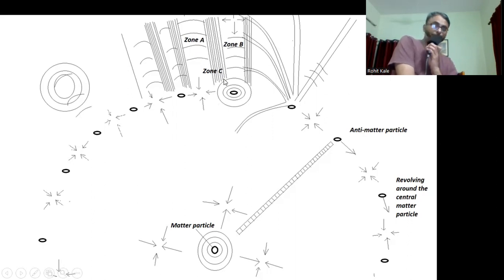So the electron, contrary to our understanding, is actually made up of not only positive energy but also negative energy. And the manifestation of negative energy is in the form of the electron charge.